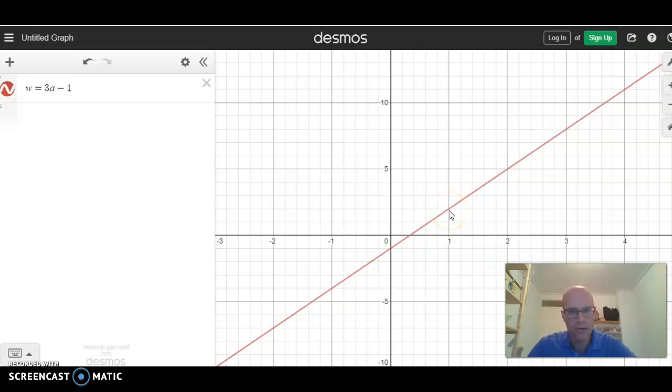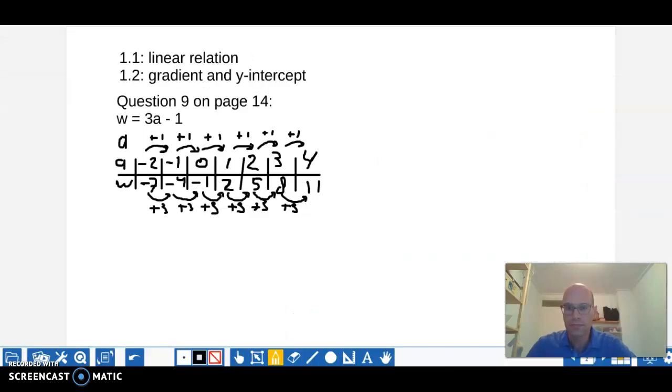And again, if you go 1 to the side, you go from 2 to 5, so you have an increase of 3. So the gradient is the steepness, how steep the line goes up.